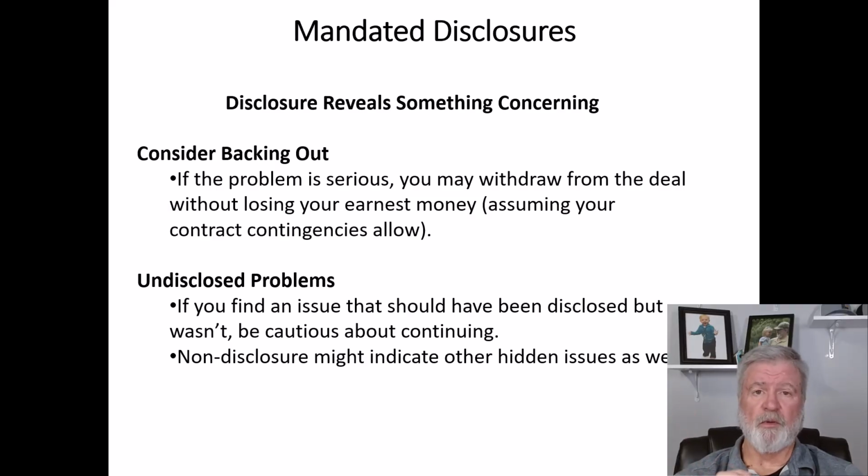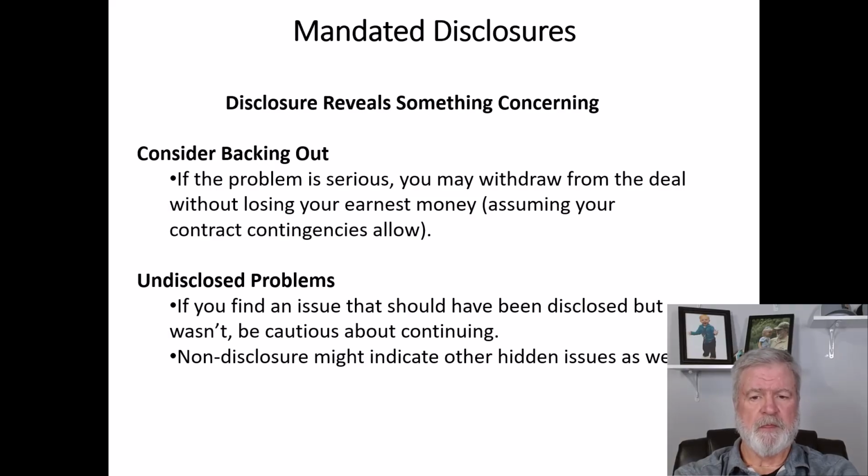For example, it might say you have 10 business days, buyer, to have whatever inspections you want, and if you find something you can't live with, then potentially you could withdraw your offer without losing your earnest money. So you'd get your earnest money back. There are a lot of options available here. We just need to identify what those options are for each circumstance, and then figure out the best course of action.